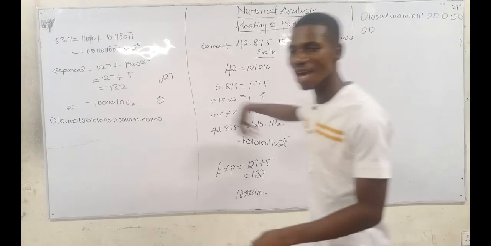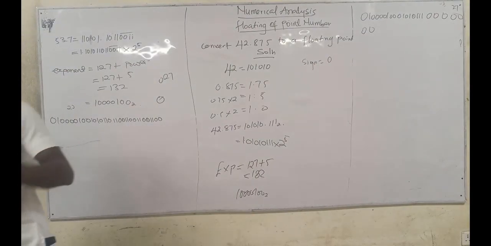I didn't count them. So add the zeros, so you get 32. Please, are we okay with it?